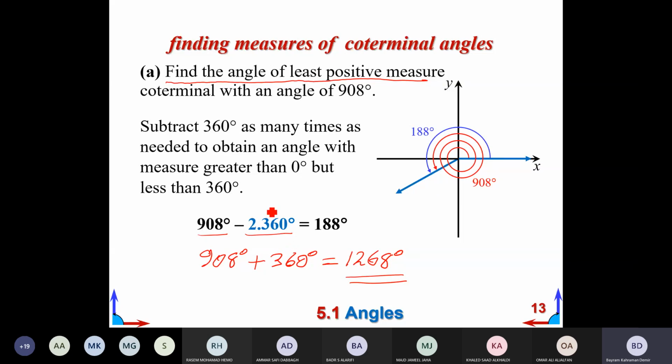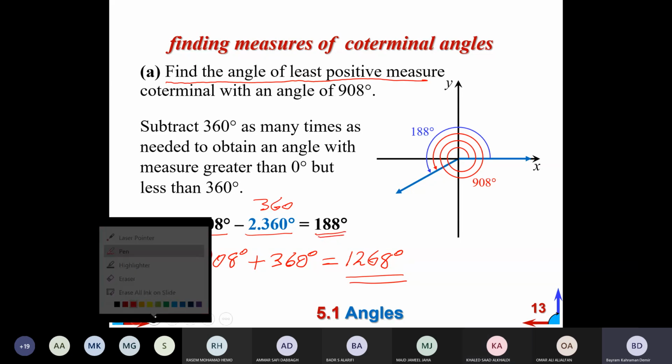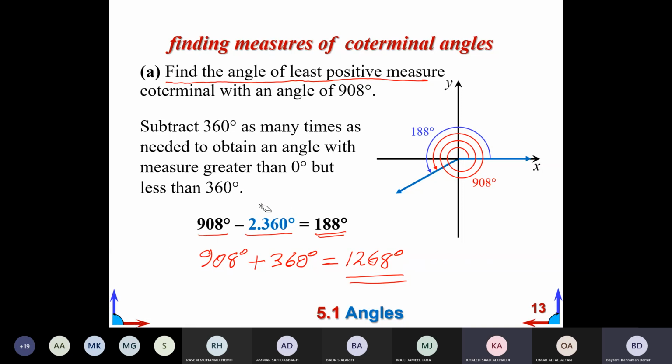If you subtract 360, it is not enough. You should subtract 2 times 360, and then you will get the least positive angle.